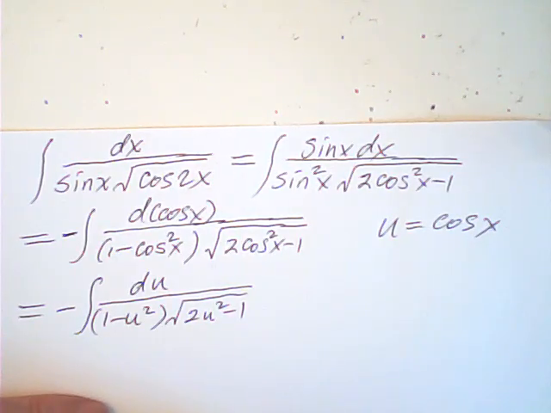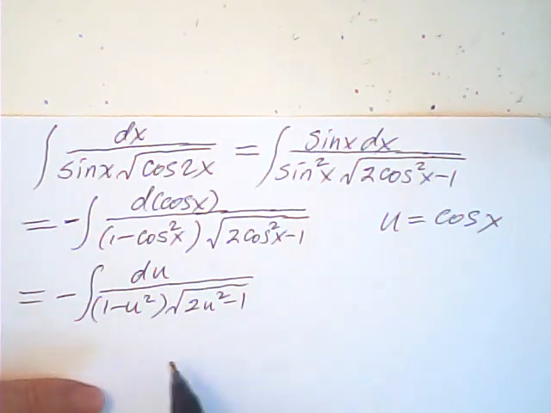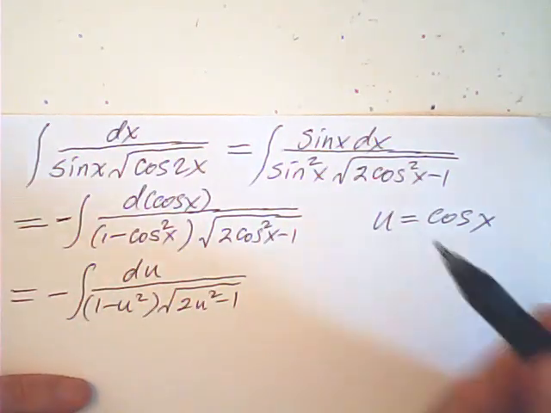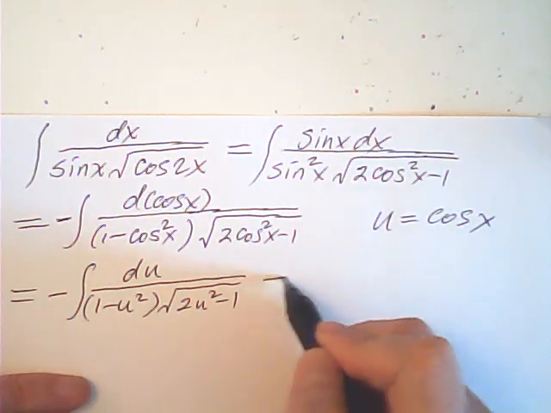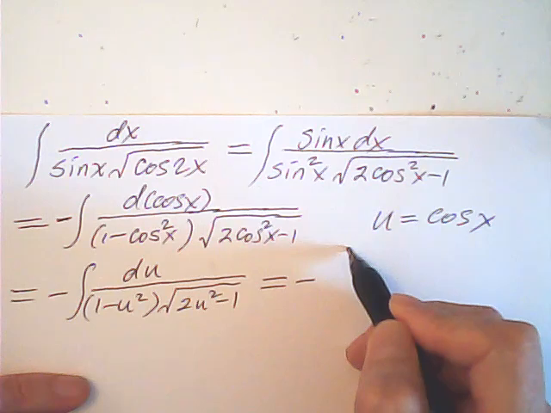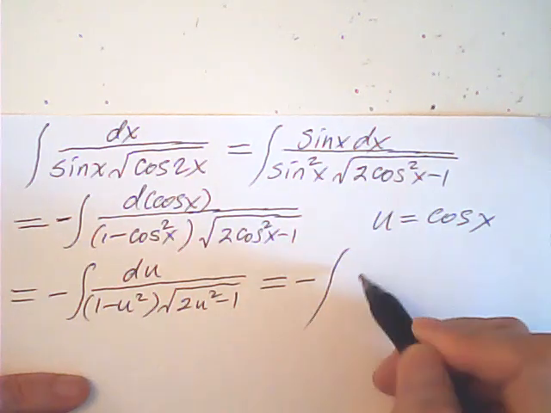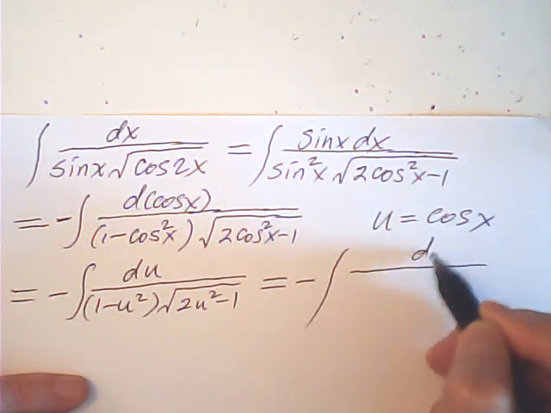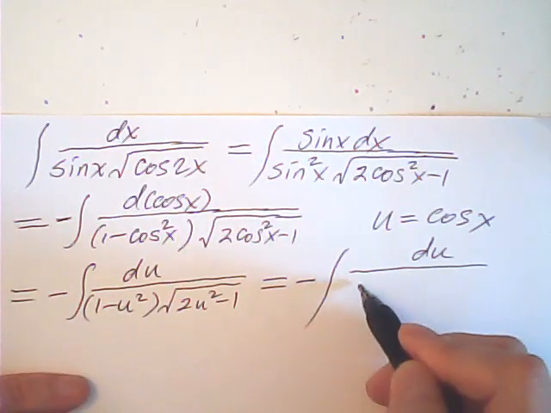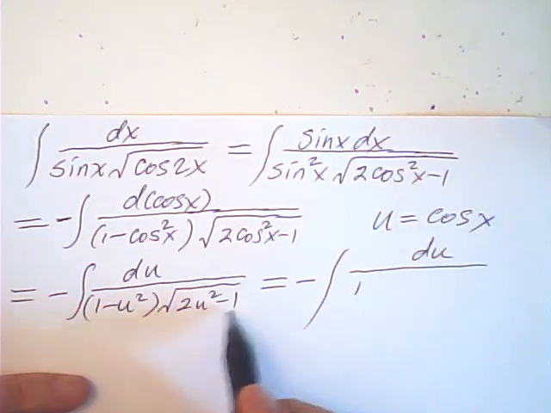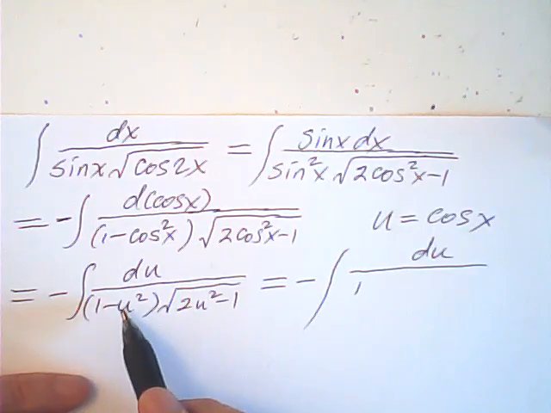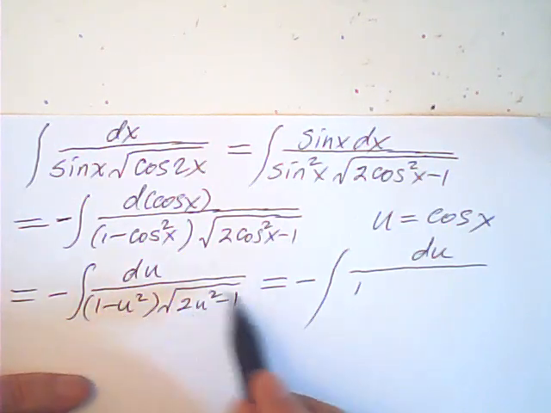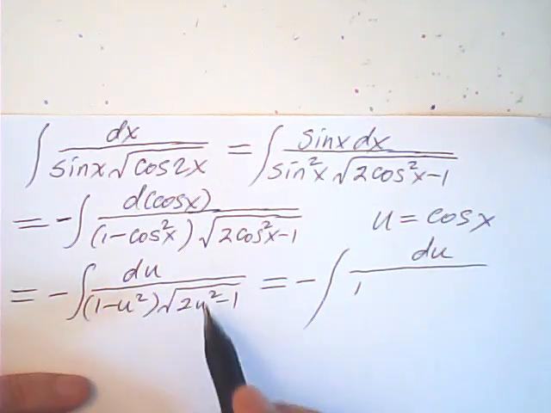Wow. Yeah, the next step is crucial and also strange that I'm doing it this way. Integral du, the denominator, I multiply this and divide this again.